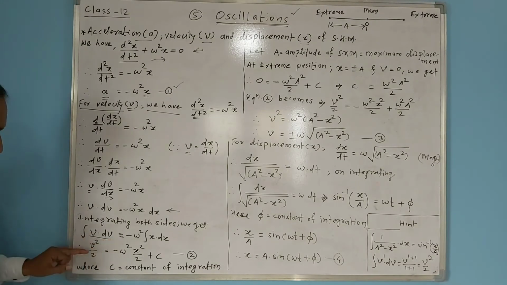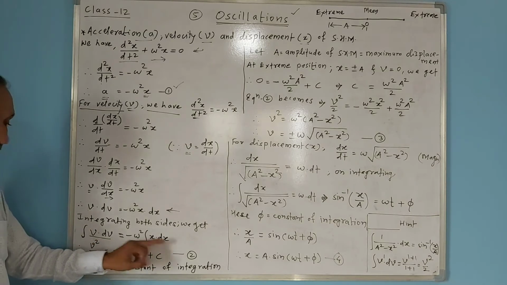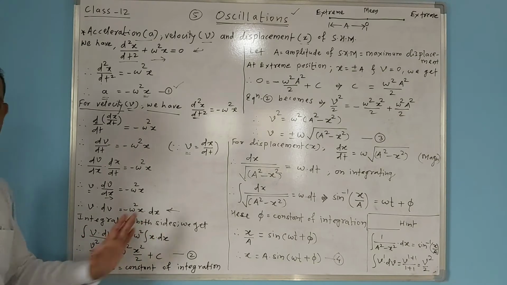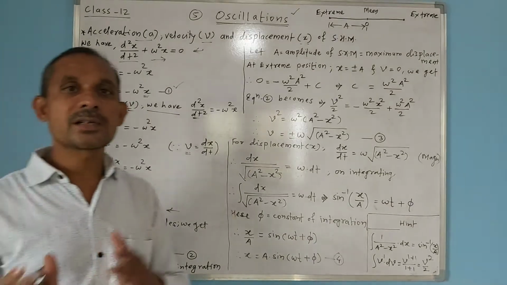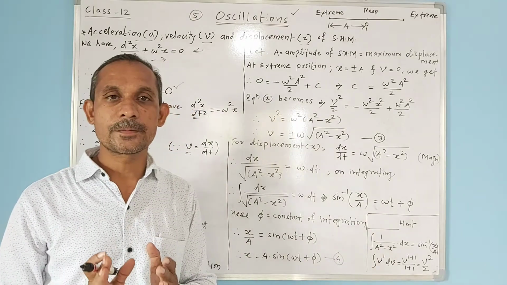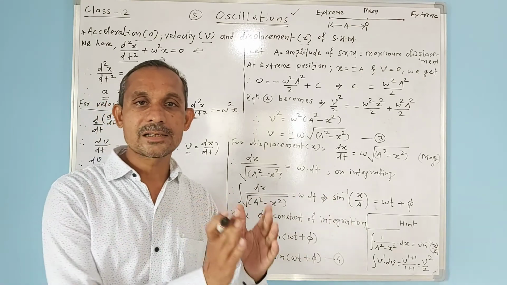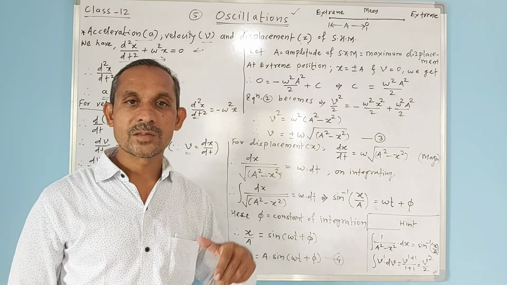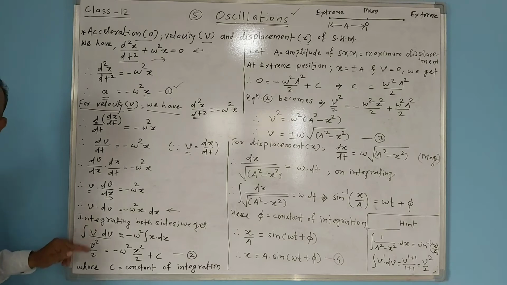Integration of v dv means v square by 2 equal to minus omega square, integration of x dx means x square by 2. So the left hand side and right hand side integrations we have solved. But after simplifying the integration, we have to add some constant. The left hand side answer is v square by 2.